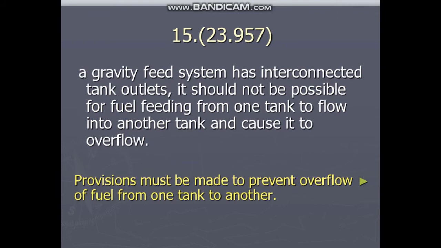Number 15. In a gravity feed system with interconnected tank outlets, it should not be possible for fuel feeding from one tank to flow into another tank and cause it to overflow. Provisions must be made to prevent overflow of fuel from one tank to another.